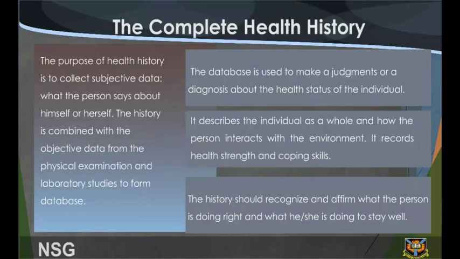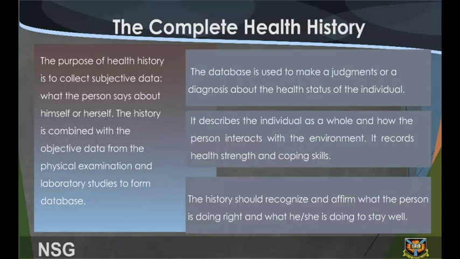The complete health history. The purpose of the health history is to collect subjective data, what the person says about himself or herself. The history is combined with the objective data from the physical examination and laboratory studies to form the database.